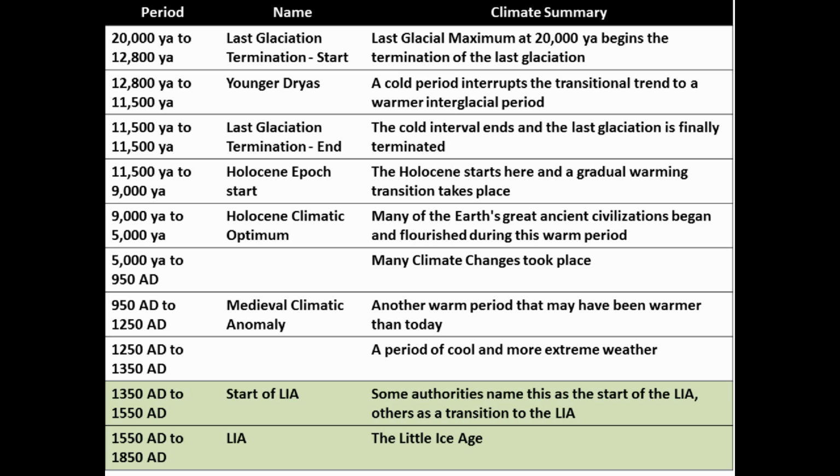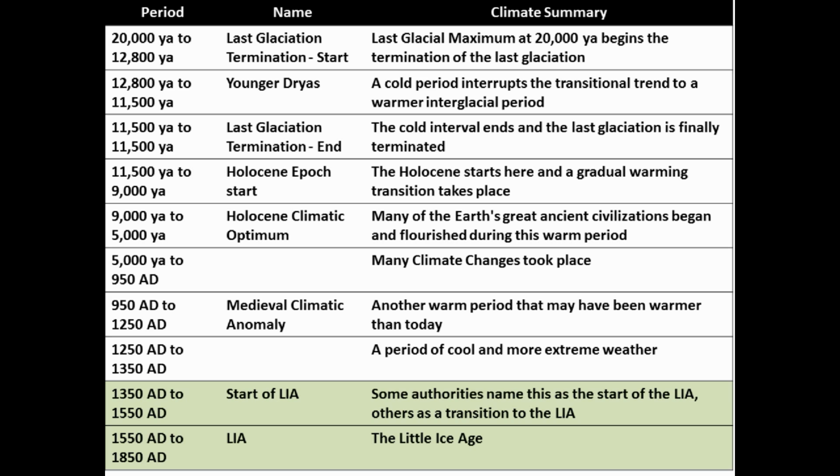As a result, some climate scientists call all of this period the Little Ice Age, while others, such as NASA, say that 1350 to 1550 AD should not be classified as the Little Ice Age, even though agreeing that temperatures were falling during this period. They would prefer to classify the Little Ice Age as occurring from 1550 to 1850 AD, with 1350 to 1550 being seen as a transition to the Little Ice Age.